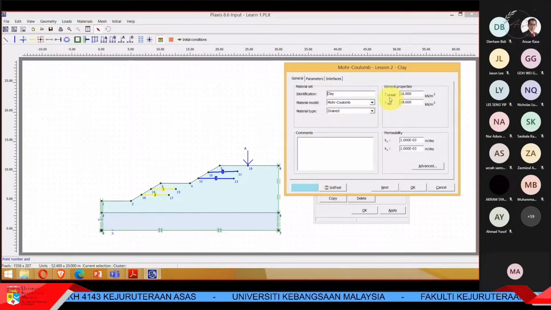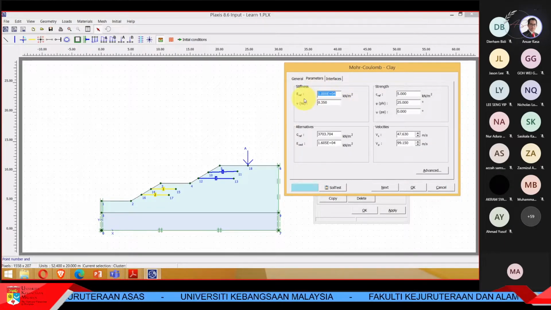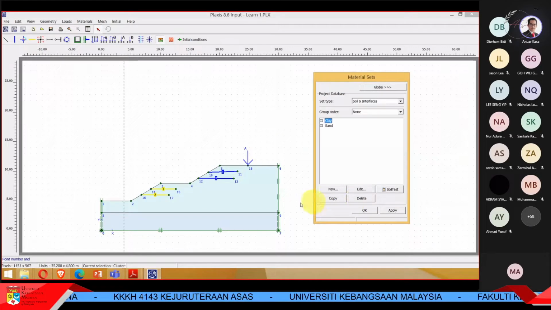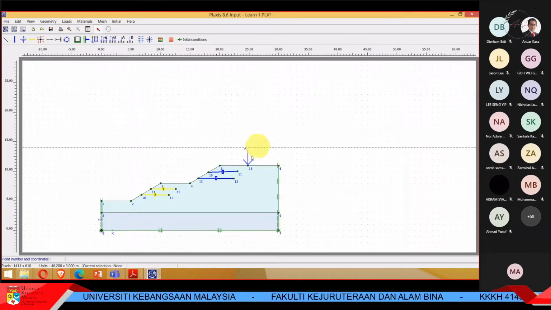And then the E value is about 10,000 kilonewton per meter square, which is quite low because it's clay. The Poisson ratio is 0.35, c 5, phi 25. So I think it's okay. They're using quite a strong soil, so that's why it is okay, meaning that the factor of safety is 1.8. So that is how to analyze.